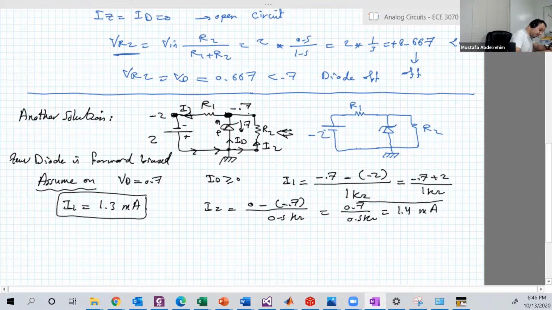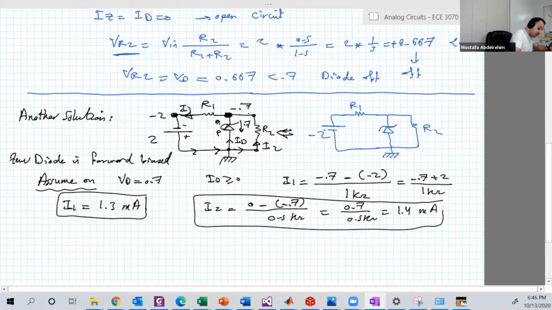Okay, so we get I2 and I1. Now is the moment of truth. ID: from here, I1 is equal to ID plus I2, so ID is equal to I1 minus I2.